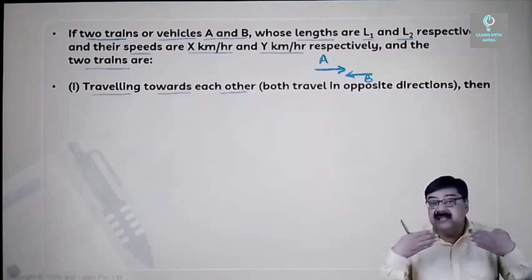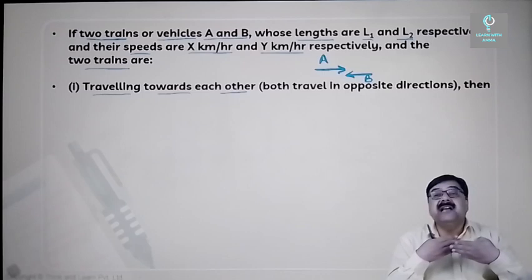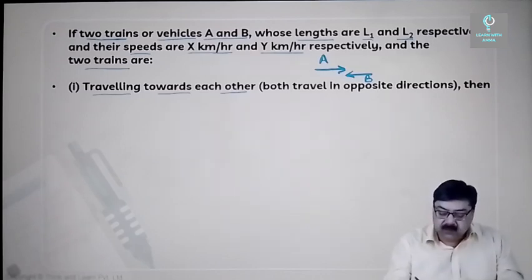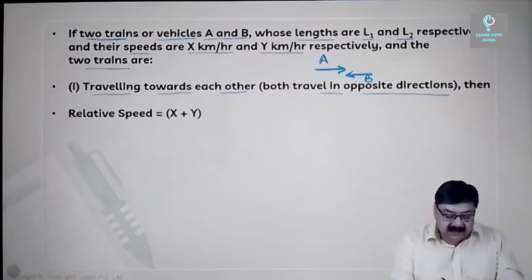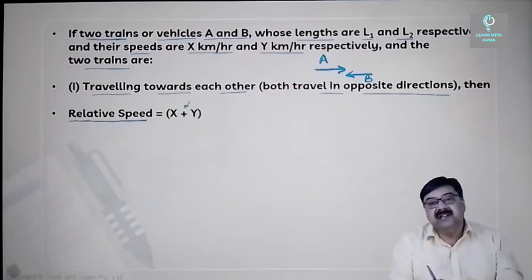And traveling towards each other means traveling in opposite directions. So both travel in opposite directions. Then relative speed becomes the sum of their speeds.